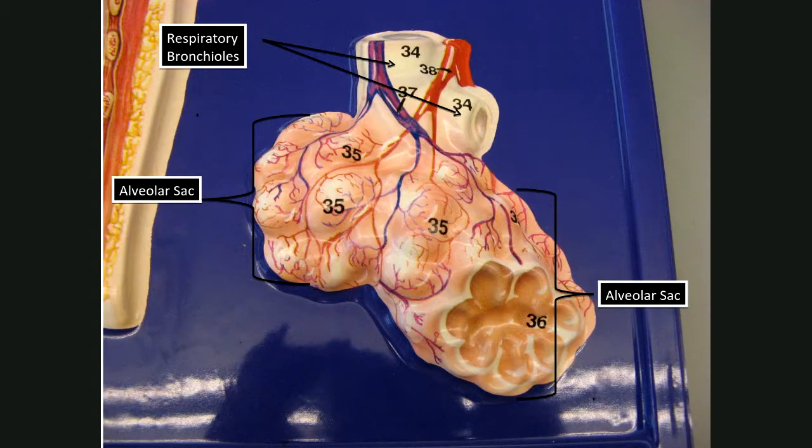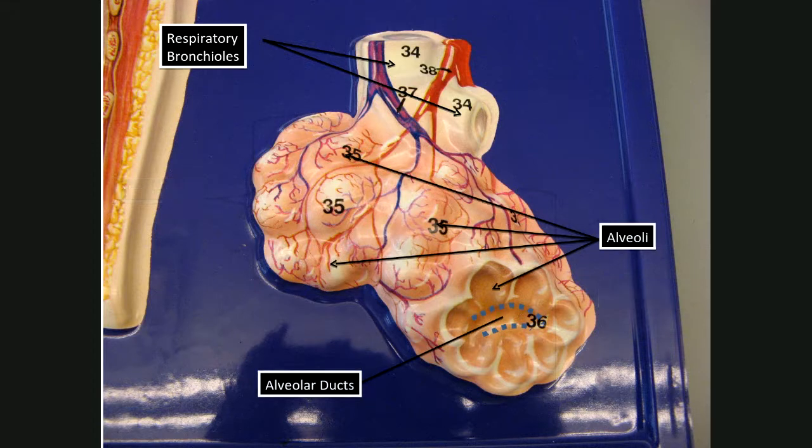Right there's the end of the conducting zone and the beginning of the respiratory zone and our respiratory bronchioles. We also have alveolar ducts and alveoli. If you look at this, alveoli look a lot like grapes.